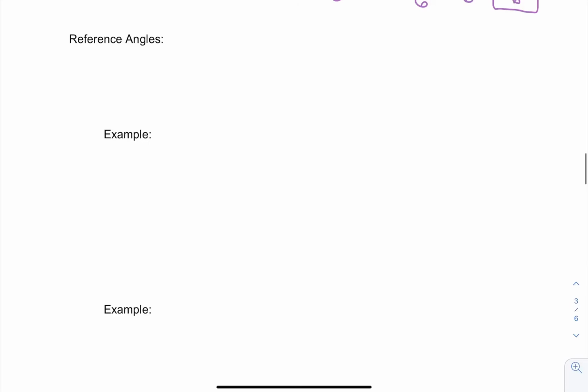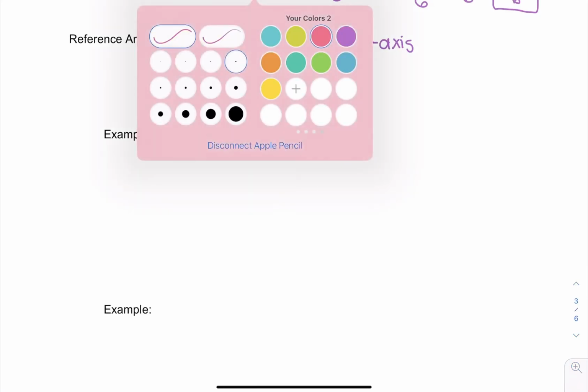Now, just like before, our reference angles are still going to be the distance from the x-axis. Now, the really cool thing about reference angles now is they are super easy to see without even drawing.